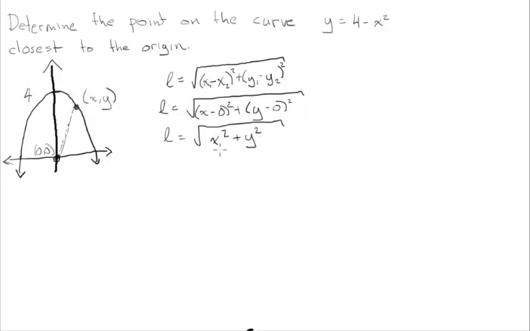Now again, I don't want both variables x and y, so I need to make a substitution, and the substitution just comes from that equation. That's going to go in for y, so the length is equal to the square root of x squared plus 4 minus x squared, all squared.